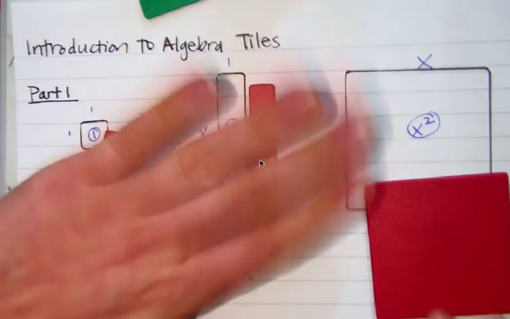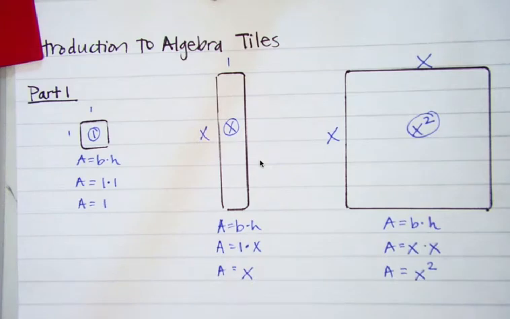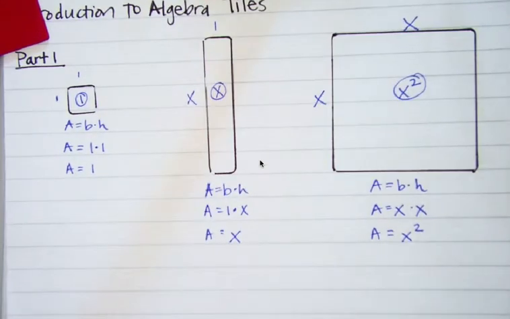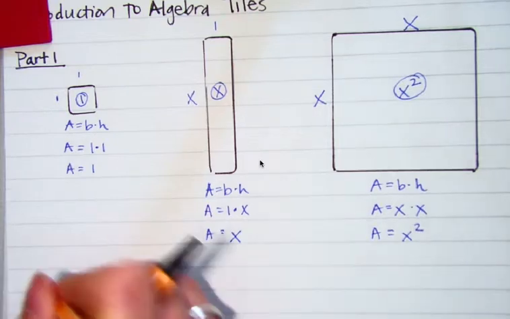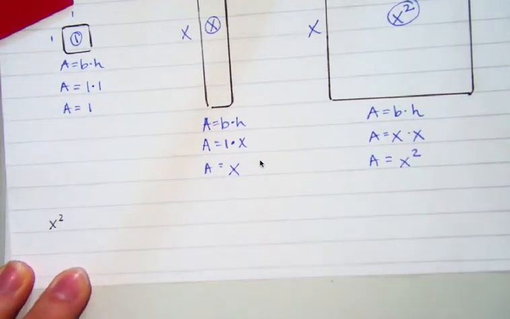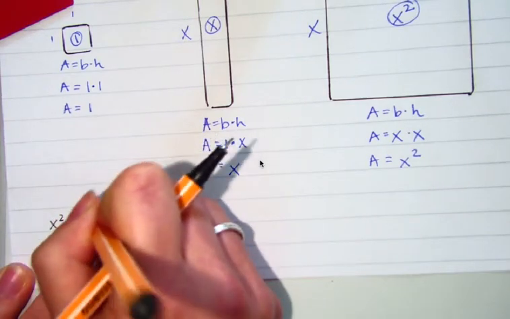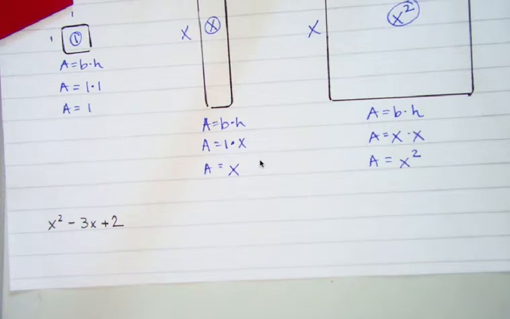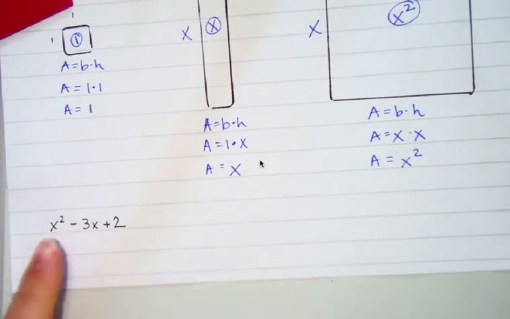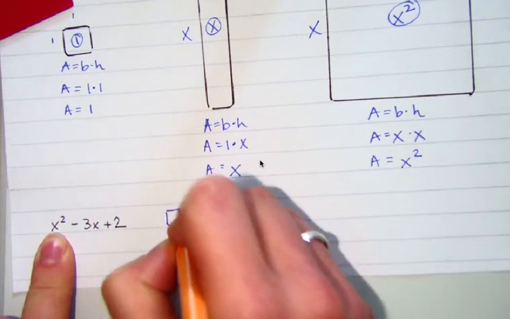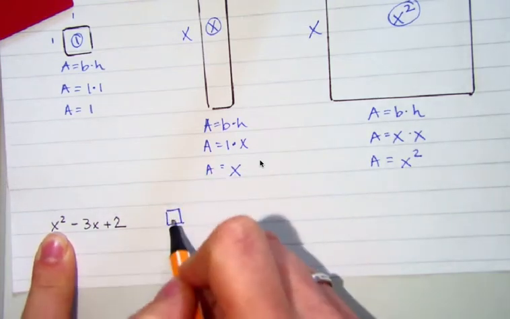All right, so what if I give you a polynomial or an algebraic expression and ask you to draw the tiles? For example, if I gave you x squared minus 3x plus 2, the first thing we should notice is that this is positive, so I can just draw a regular unshaded.